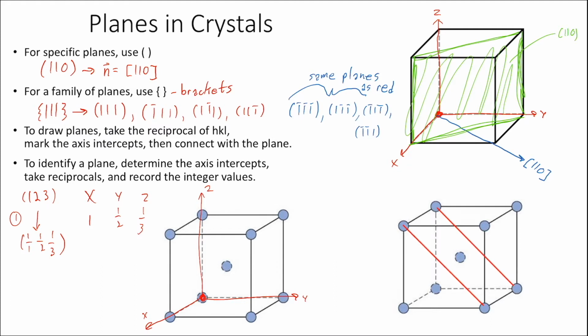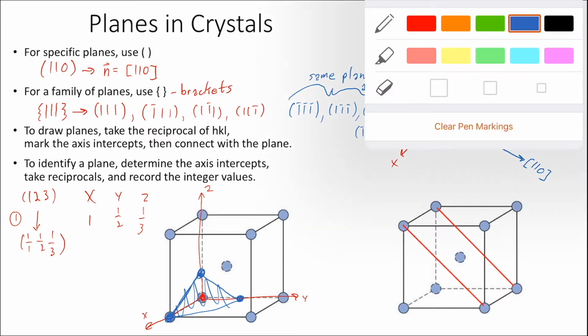You can use this method pretty easily, and I'll show you some more complicated planes later on and we'll go through solving those. In the first case, I'm just going to draw the dot where it crosses the x-axis at 1, the dot where it crosses the y-axis at 1/2, and then finally 1/3 for z. Then you just connect the dots, and boom, there's your 1, 2, 3 plane.